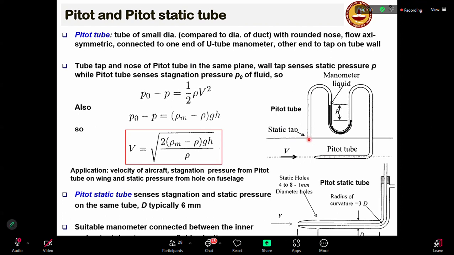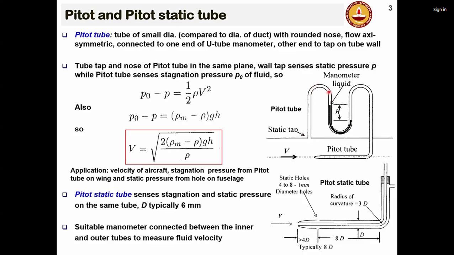Okay. So when flow happens, there is no flow in the perpendicular direction, right? So that means whatever the pressure that is there on this limb of the manometer is in fact the static pressure in the tube at that point.